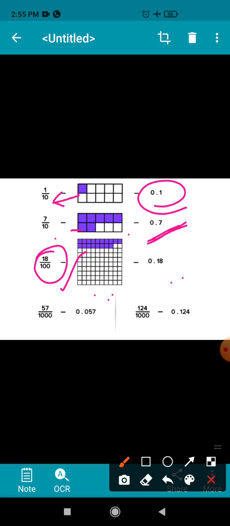0.18. Children, today we will learn how can we convert fractional number in decimal number and decimal number in fractional number, and the place value of decimal number.